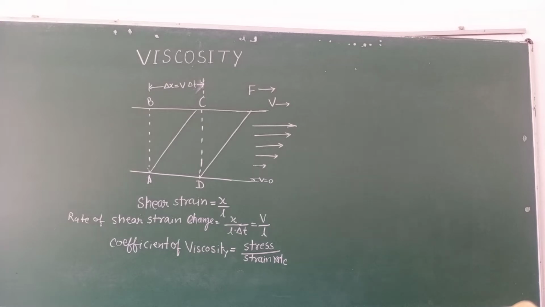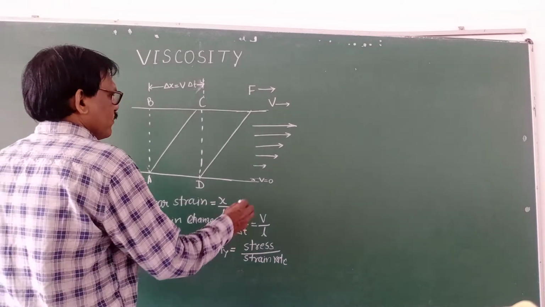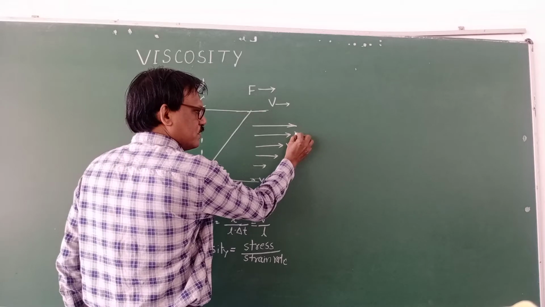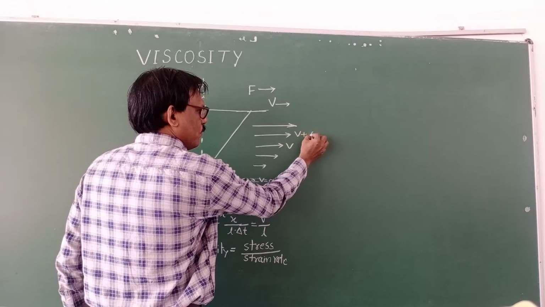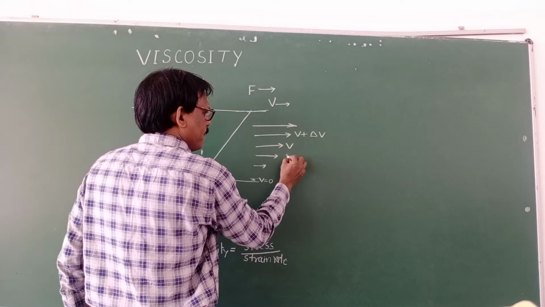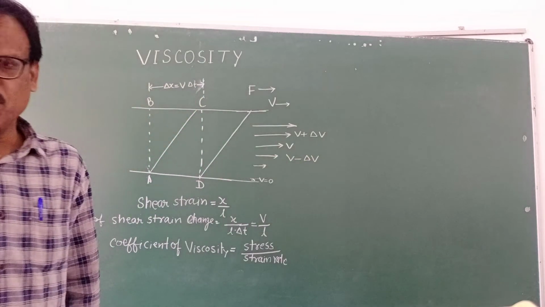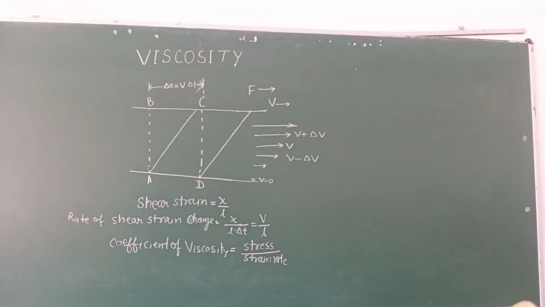So the different layers of the liquid will exert force on each other. If we consider the velocity of this layer is v, this layer is v plus delta v, and this layer is v minus delta v.